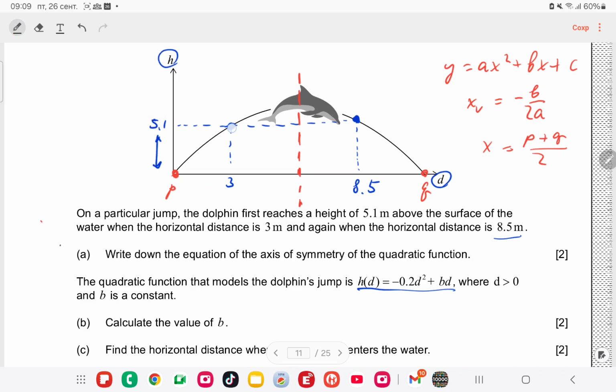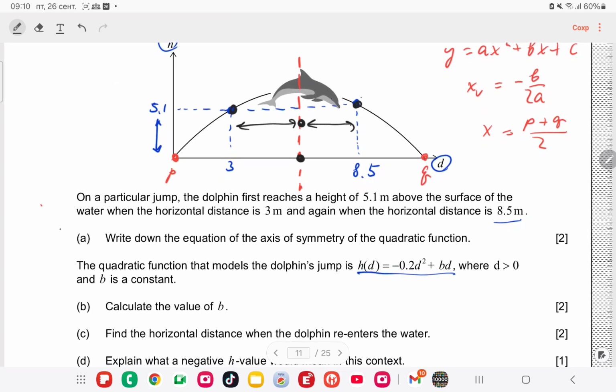If we look at these 2 points, we can identify that they are symmetrical about the axis of symmetry. So this distance is equal to that distance. It means that the axis is exactly the midpoint of 3 and 8.5.